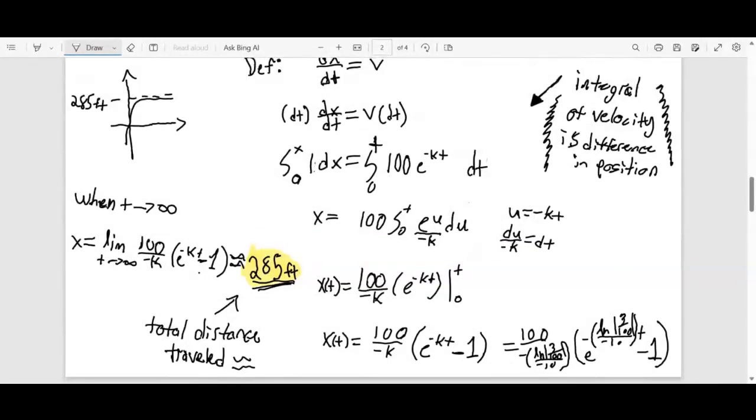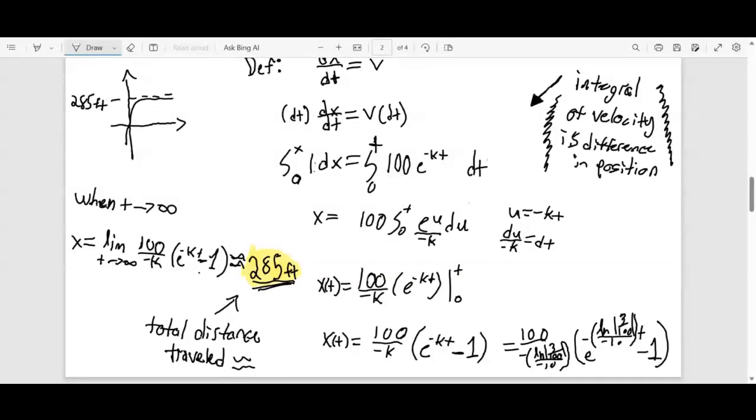Okay, so I integrate both sides. On the left side I have x is equal to 100 times the integral from 0 to t. For the right side, I'm integrating the velocity, so that's going to be the distance in position, from 0 to t.